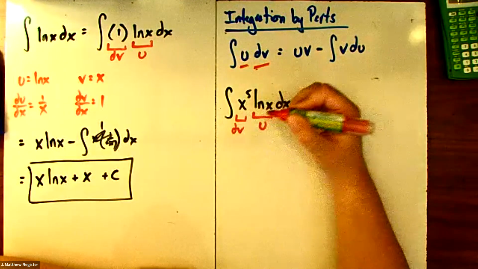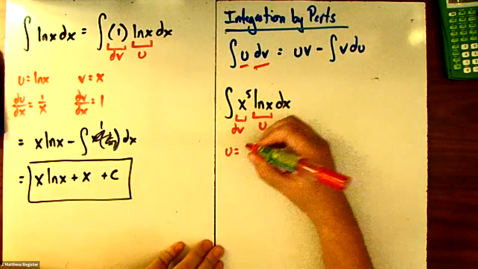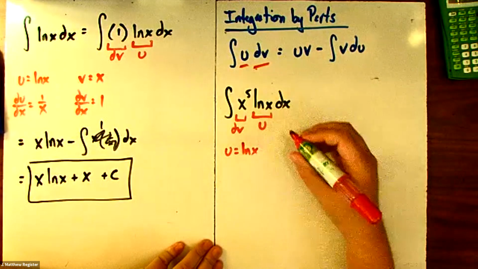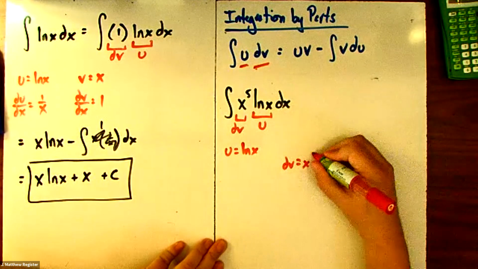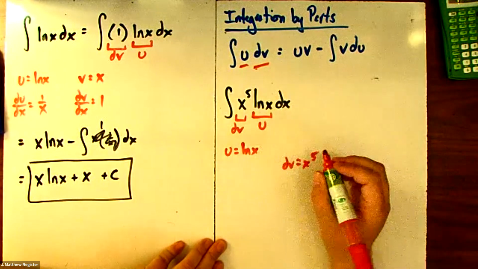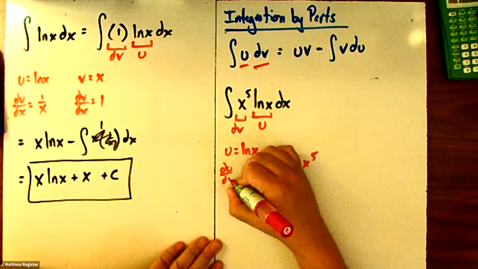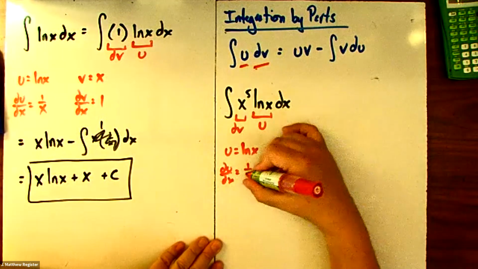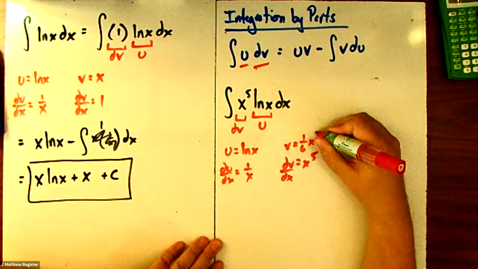This will be our dv. Well, then u is natural log of x. dv is x to the 5th. Our, let's say, dv dx. Our du dx is going to be 1 over x, and our v is going to be 1/6 x to the 6th.